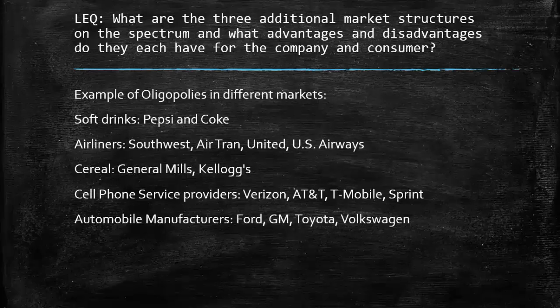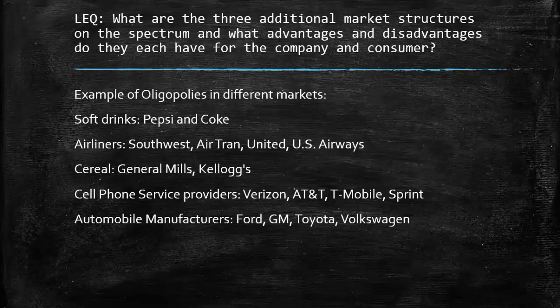So these are best explained through examples. Most consumer products are oligopolies. Take a look at these companies I have here. These companies, in their particular industry, own the majority of the market share. Again, 70 to 80%, 90%, 95%. They own the majority.